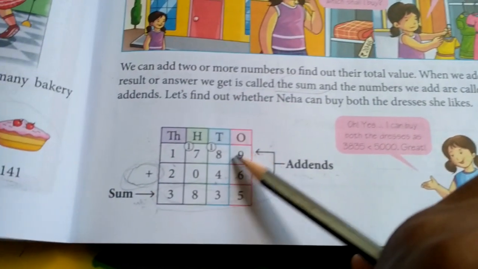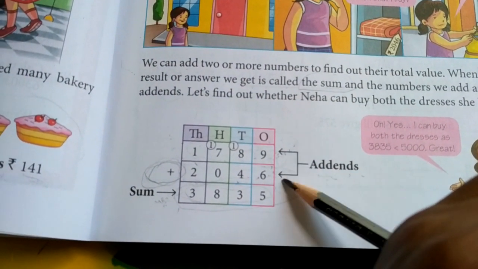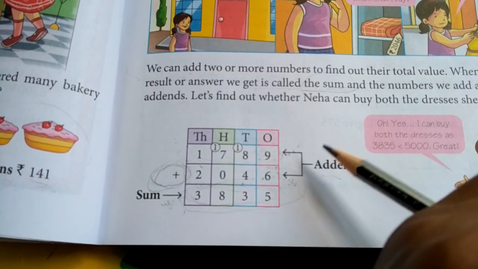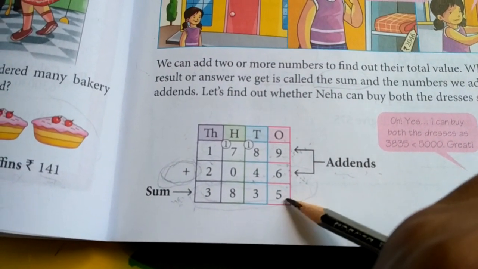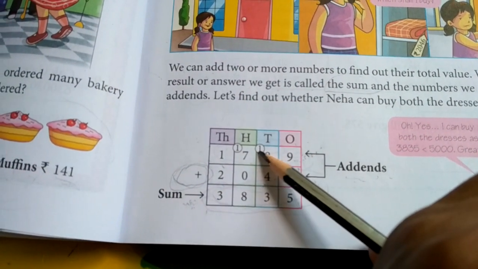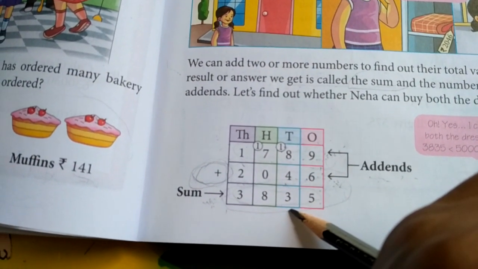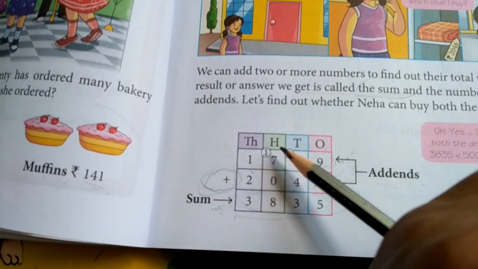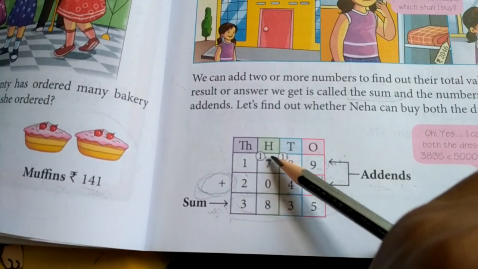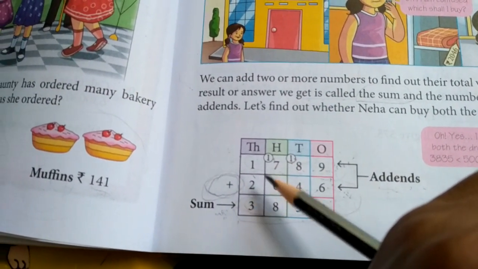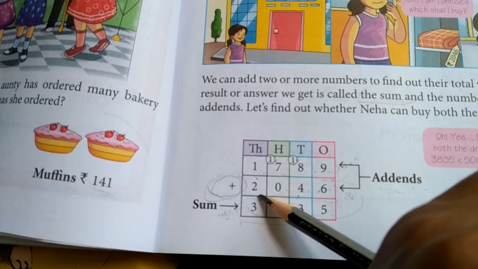First she has to calculate the total of these two. 9 plus 6 is 15, 5 written here, 1 carried over. 8 plus 1 is 9, 9 plus 4 is 13, 3 written here, 1 carried over. 7 plus 1 is 8, 8 plus 0 is 8, no carryover, and 1 plus 2 is 3.